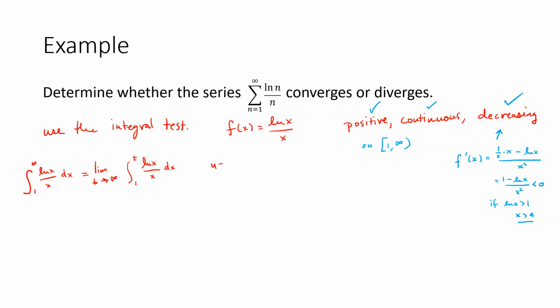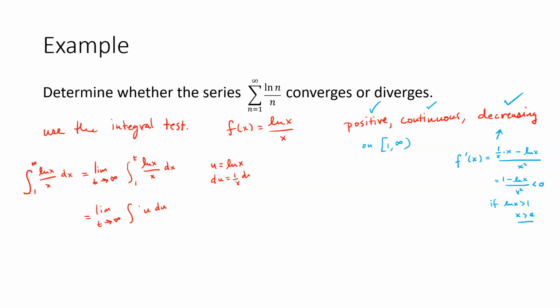What I notice is that this integral will be easy to do with a simple substitution. If I let u equal ln x, then du will be 1 over x dx, and that takes care of the 1 over x that we have in the integral. So this integral just becomes u du.